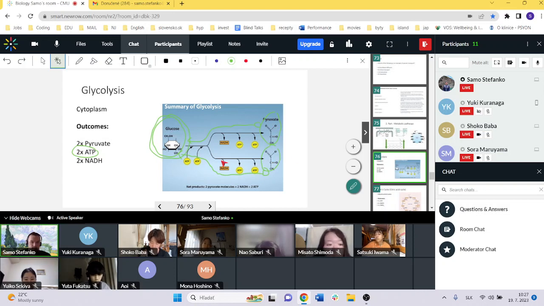And meanwhile, it has to undergo some enzymatic reactions. So we can say glycolysis and gluconeogenesis are almost exactly opposite reactions. Glycolysis breaks down glucose, gluconeogenesis produces glucose, or glucose is the result of the reactions.